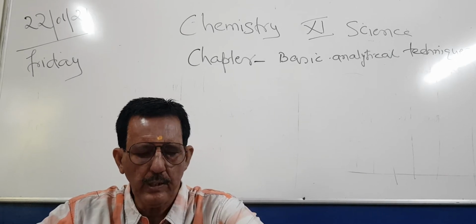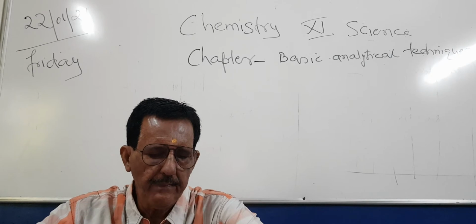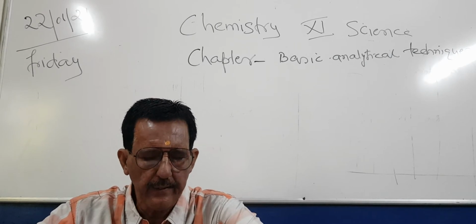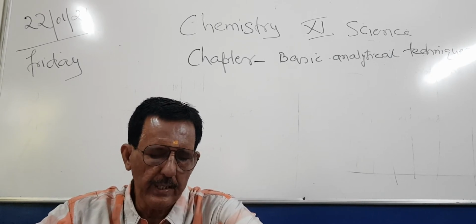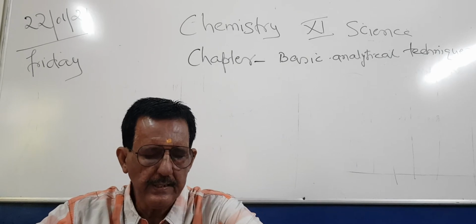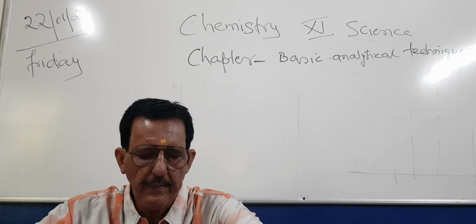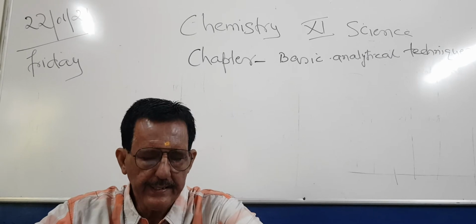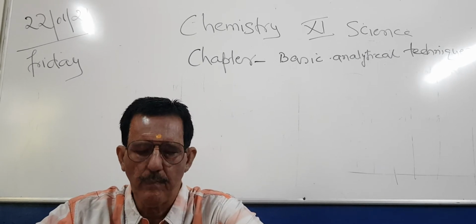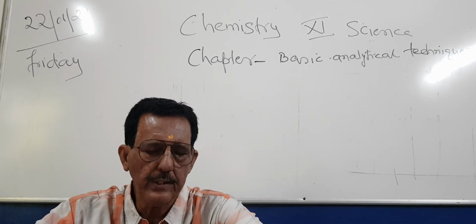Now partition chromatography. Here the stationary phase and the mobile phase are both liquids. Separation of the components takes place by the continuous differential partition of the components between the stationary phase and mobile phase. So up till now you understood this.